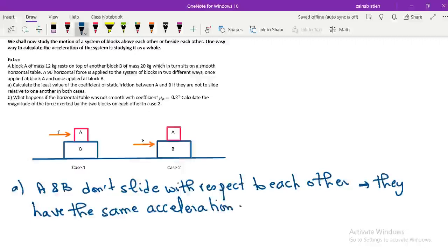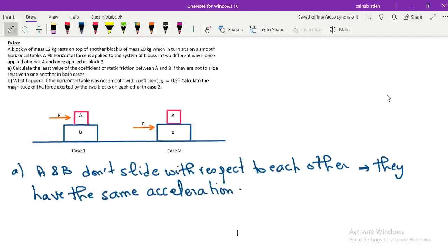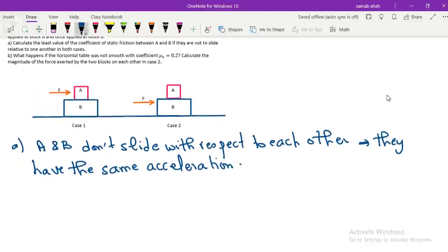We consider the whole system together. Let me consider the system.